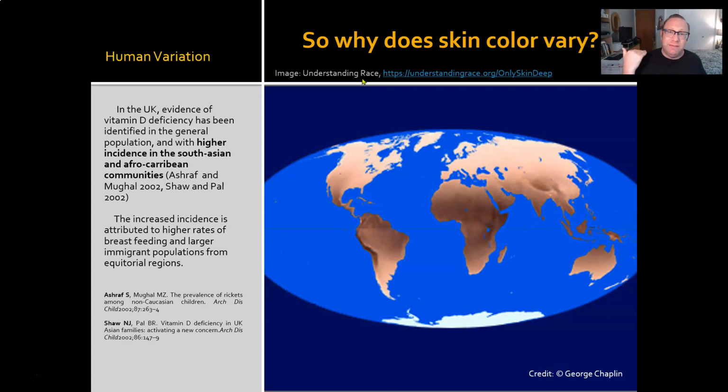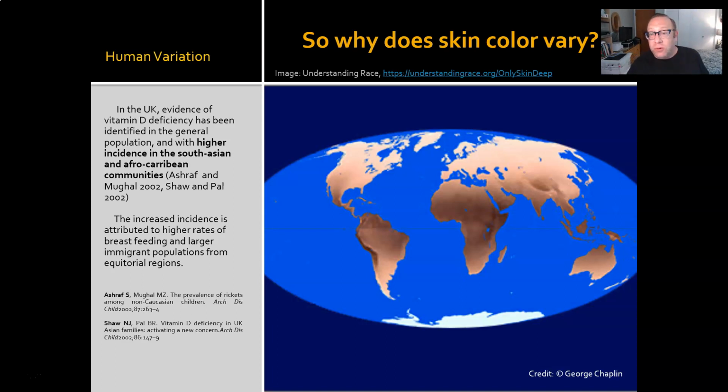They are protected from excess ultraviolet light by the fact that most of them live in forests, and they have thick hair all over their bodies. So dark skin had to evolve as well, and evolve for a similar but slightly different reason.